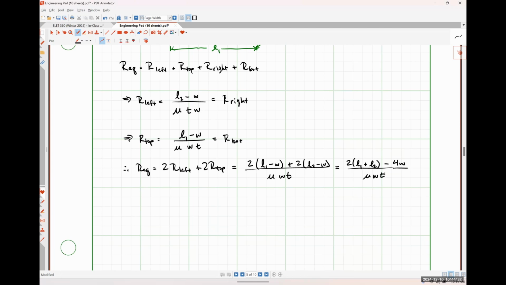Can we get rid of the W? We cannot, because there's no W term over here, right? So algebra won't let us, or it would look like 2 times (L1 plus L2) over W minus 4 over mu T, which isn't really getting rid of the W, it's just moving it. So it doesn't really help.